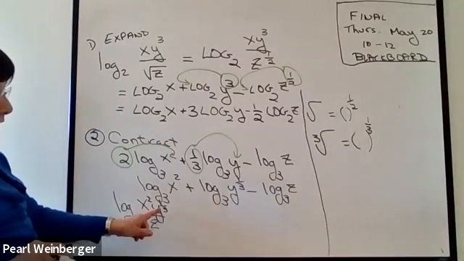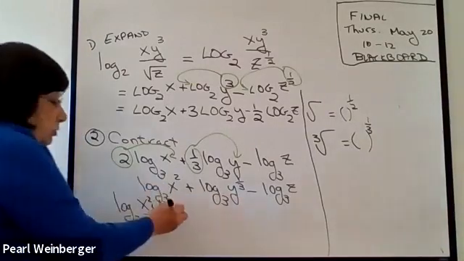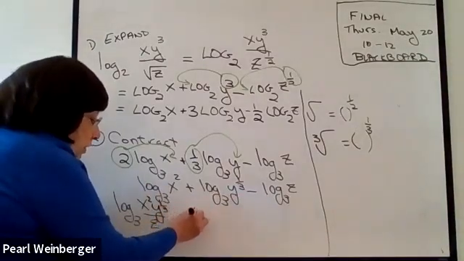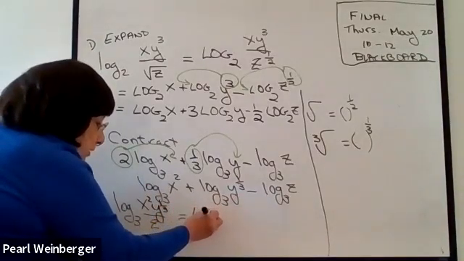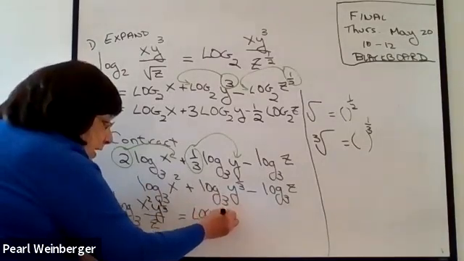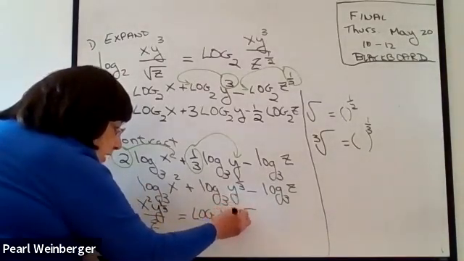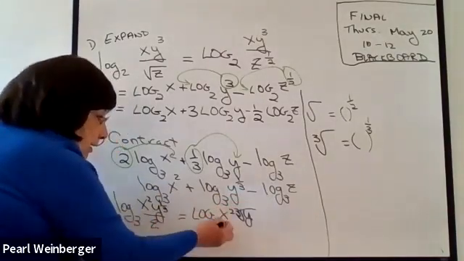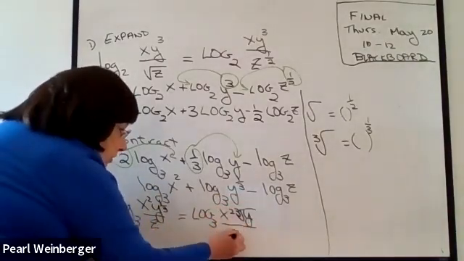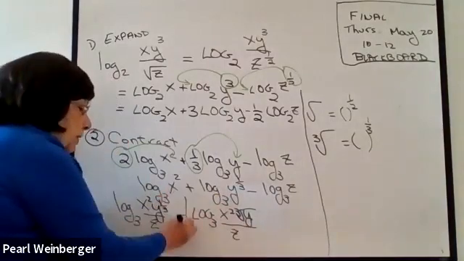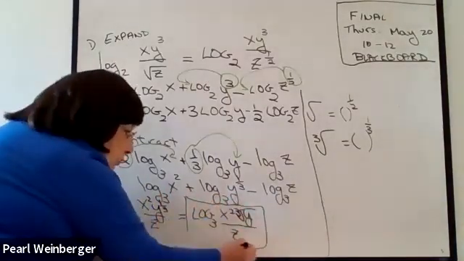Usually we don't leave an exponent as a fraction, so probably the better way to write this would be to write log base 3 of x squared times the 1/3 exponent, which is the same as the cube root of y, over z. So this would be the contracted version.